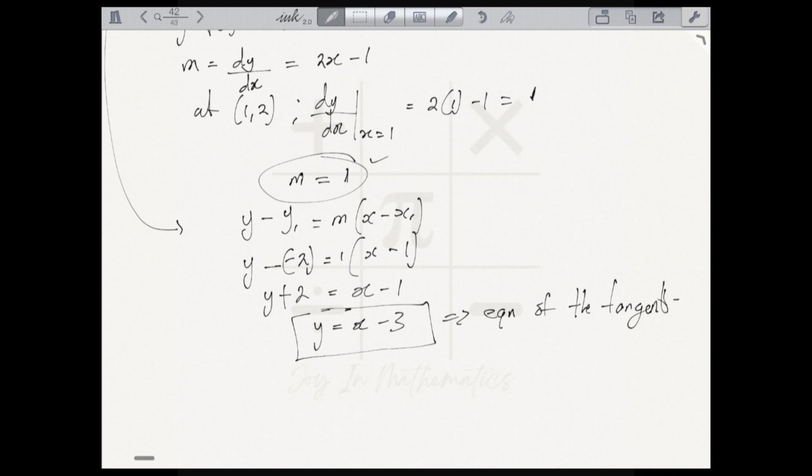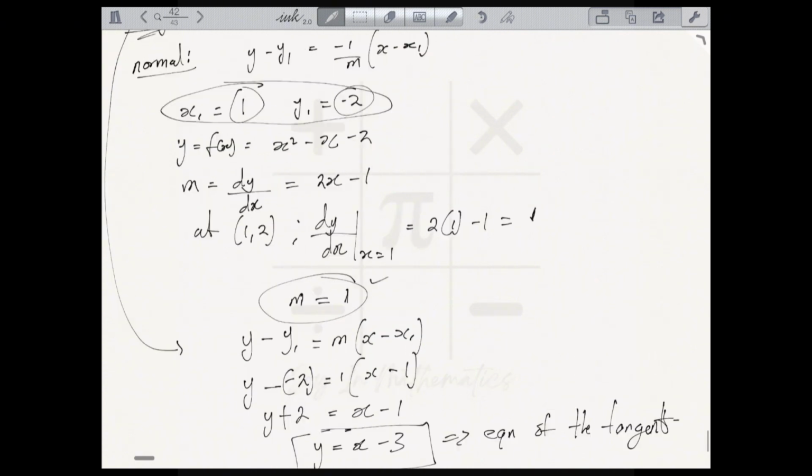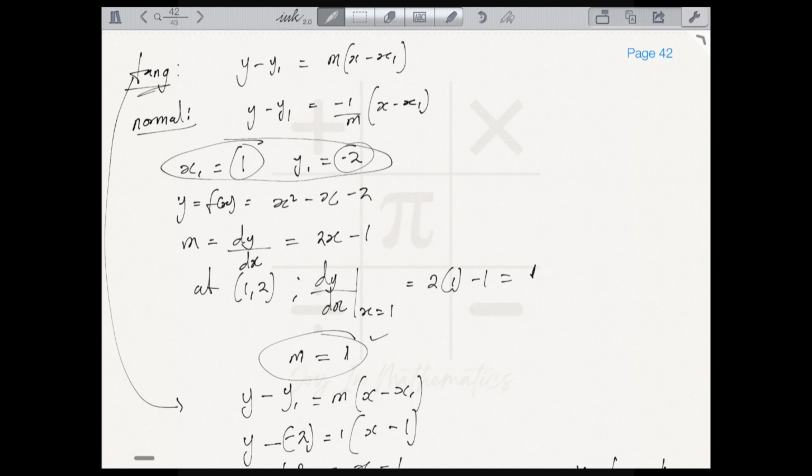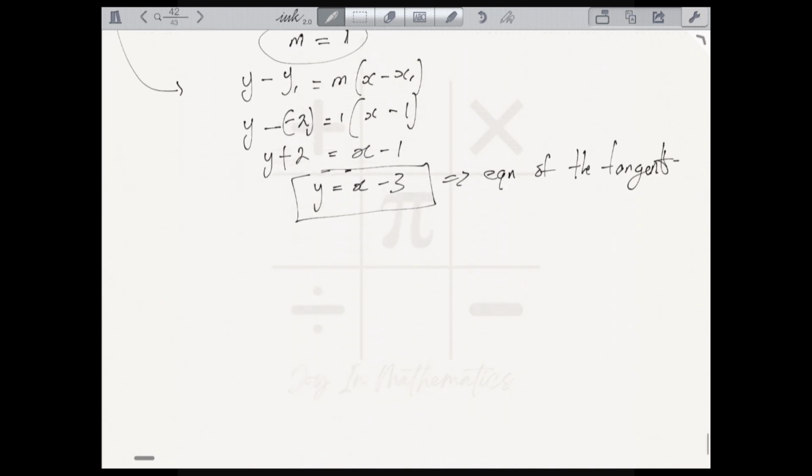Now let's go ahead and evaluate the equation of the normal. The equation of the normal is y minus y1 equals -1 over m, because they are perpendicular to each other, times x minus x1.